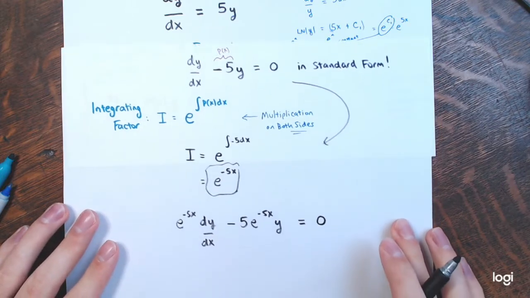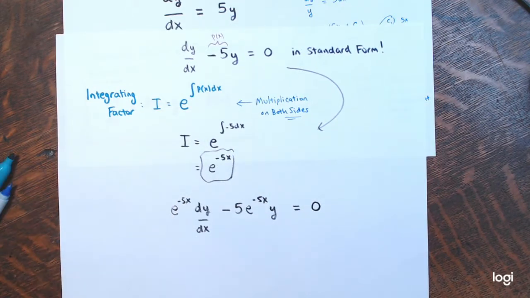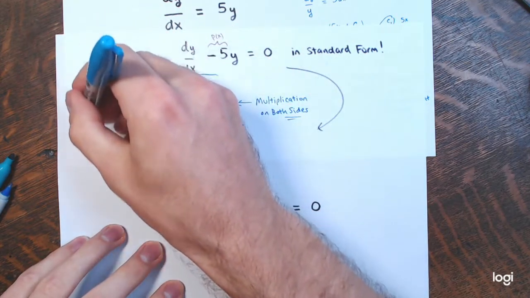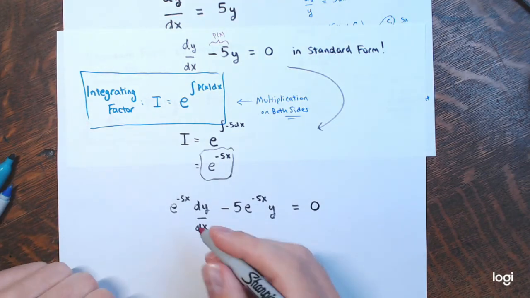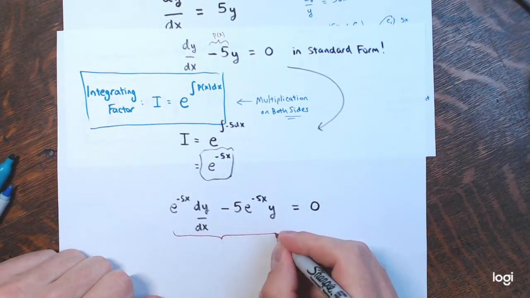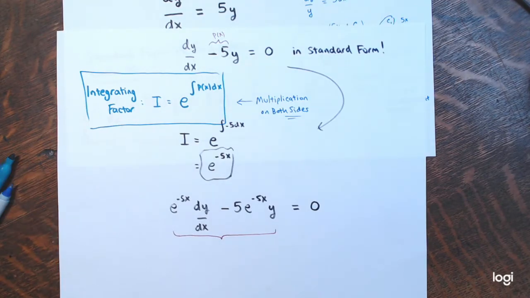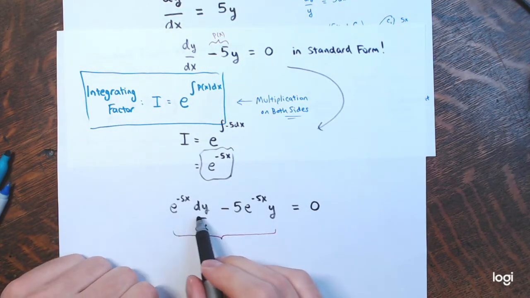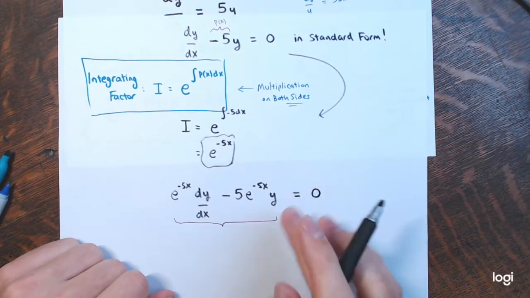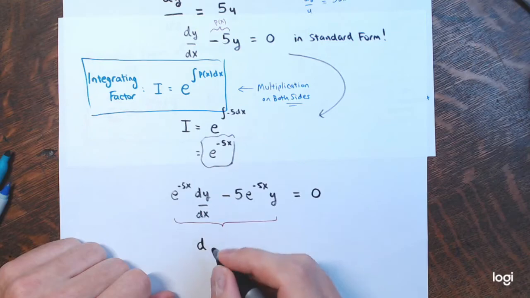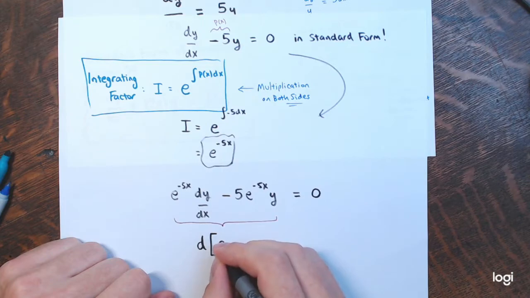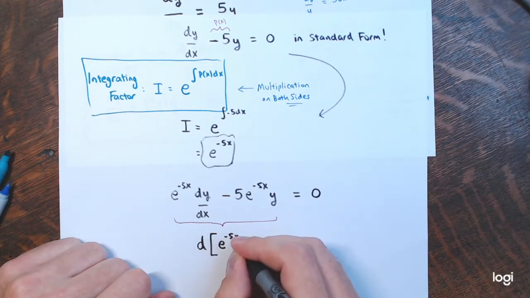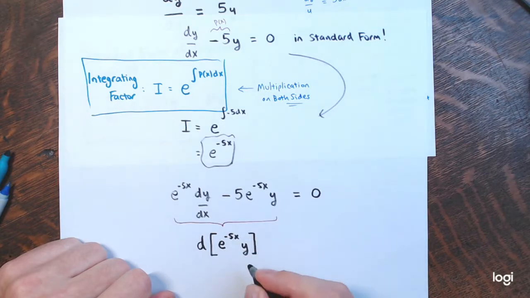Now the whole reason for multiplying by this fancy integrating factor, I'll put in a box for you, is to get an expression that would result from the derivative of a product. Hopefully you can see that this is just the derivative of this product of e to the negative 5x times y with respect to x, isn't it?